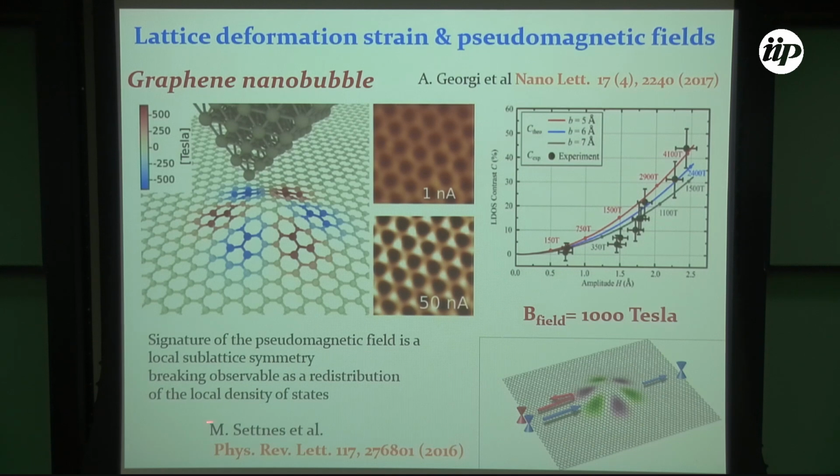So Michael Sitnes showed that if you exactly have this kind of bubble, and you have transport or incoming wave packets, for instance, with an equally distributed contribution on both Valleys, you filter the Valley.